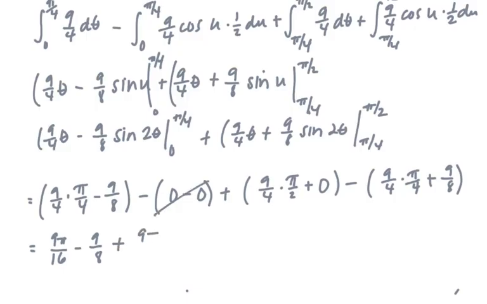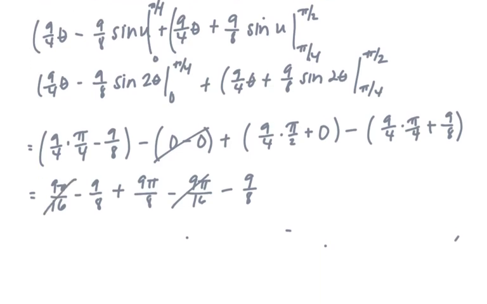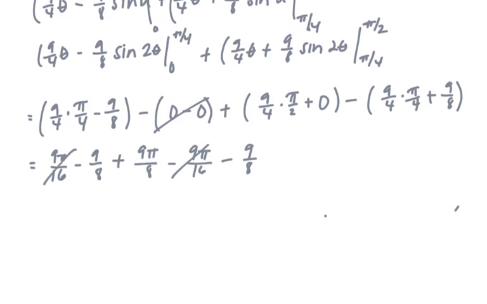Plus 9 pi over 8 minus 9 pi over 16 minus 9 over 8. So these two terms cancel. And now you can combine like terms, and we get 9 pi over 8 minus 18 over 8, which gives us 9 pi over 8 minus 9 over 4.